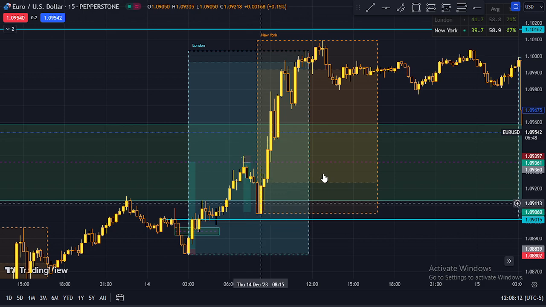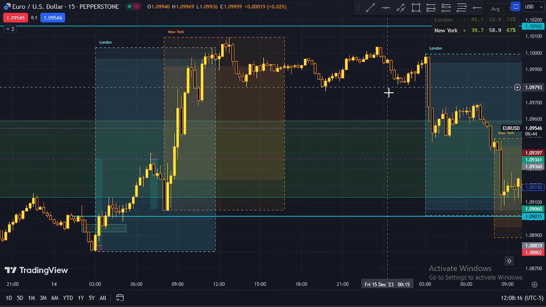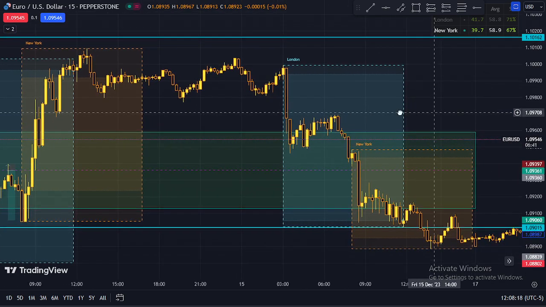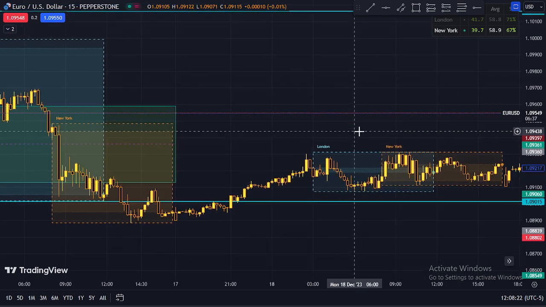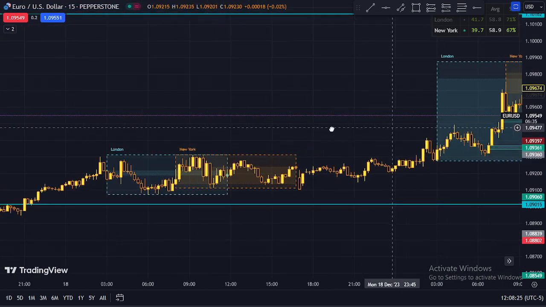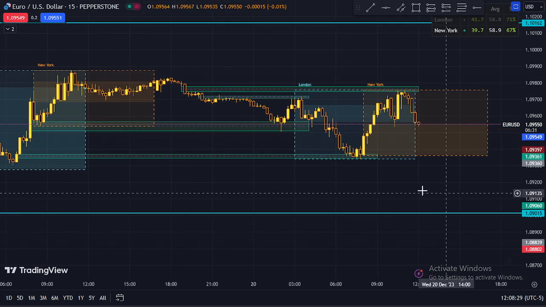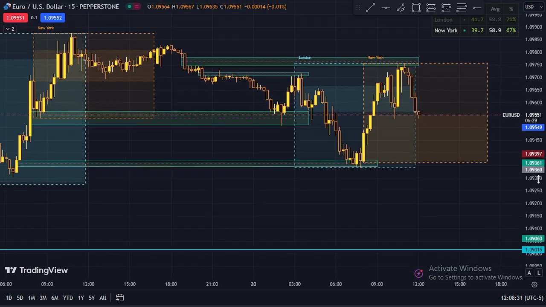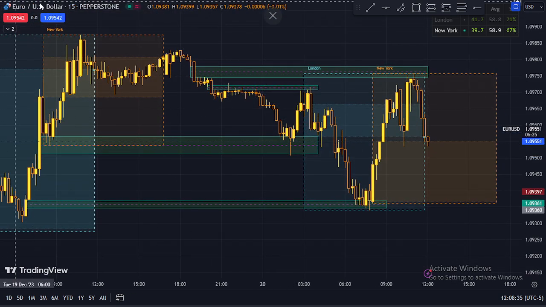Any pair will work, especially the pairs that have USD as their base, or maybe as a pair, if I may say so. But always make sure that at least you have USD being one of the currencies.